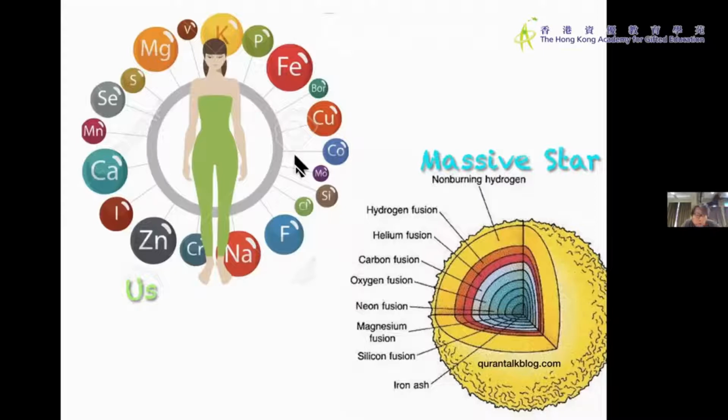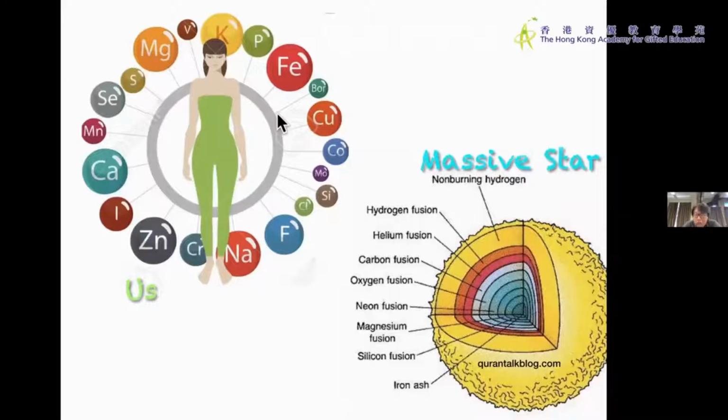And you will remember from Professor Wang's talk, during the Big Bang, nucleosynthesis will give us only helium and lithium, and hydrogen of course, but nothing heavier than lithium. So where can we find these materials to put into our body? Where can we find calcium ions?